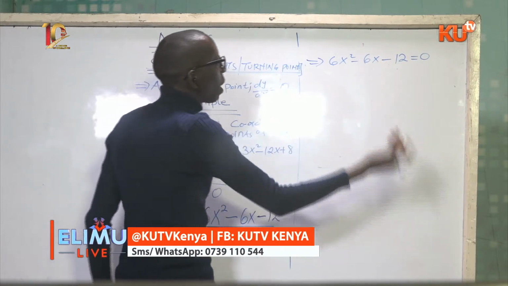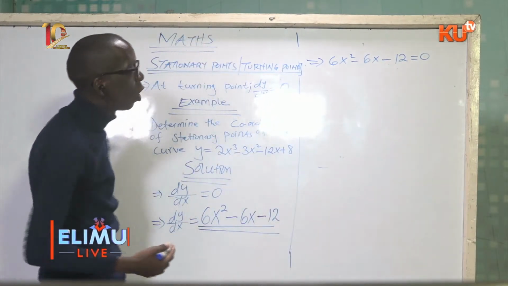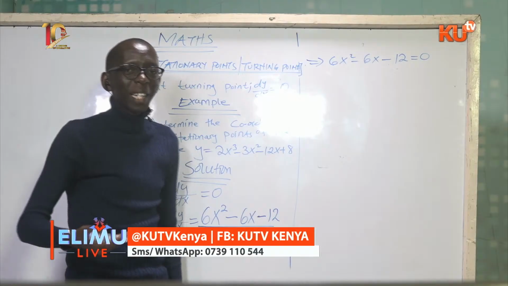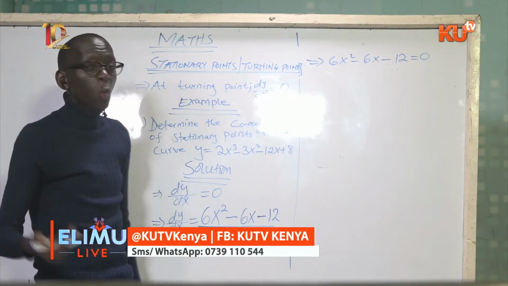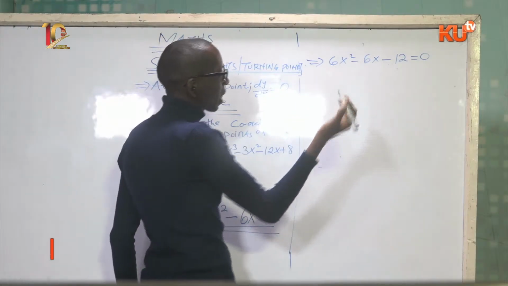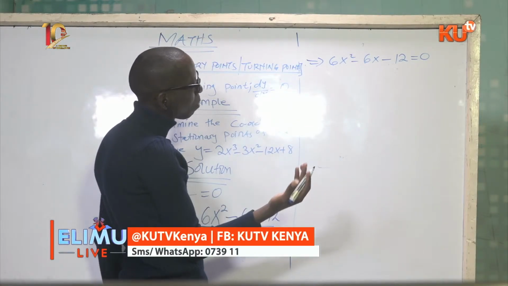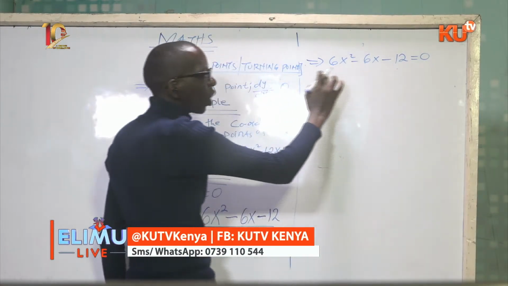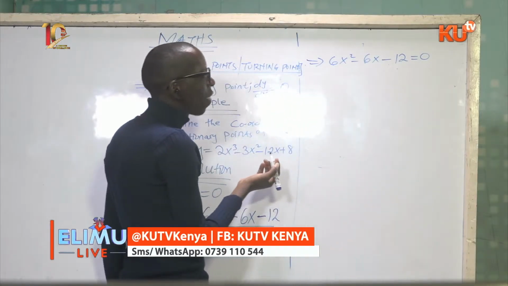We can use any method of solving quadratic equation. We have the factor method, we have completing the square method, and we have the quadratic formula. So let us use the factor method of product sum factor. Before we use the factor method, we can simplify our equation by dividing by the common factor.